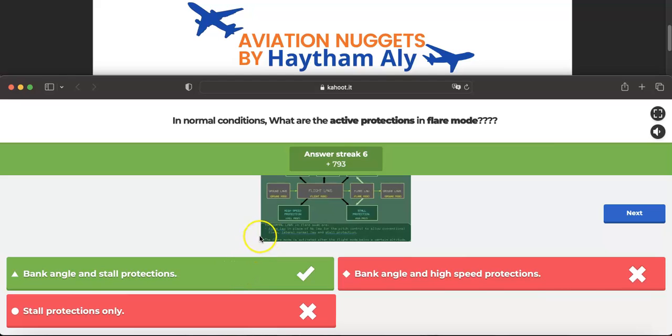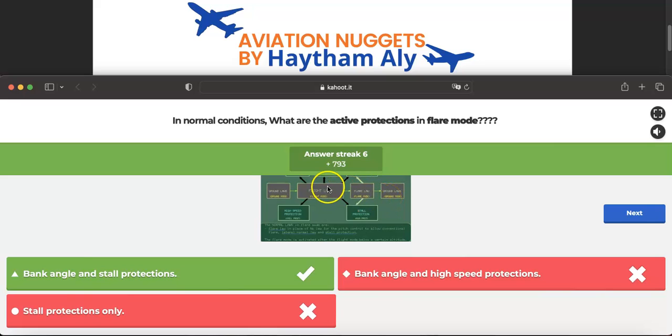Okay, so the protections are processed depending on the phase of the flight. We have ground law, flight law, flare law, and ground law again.